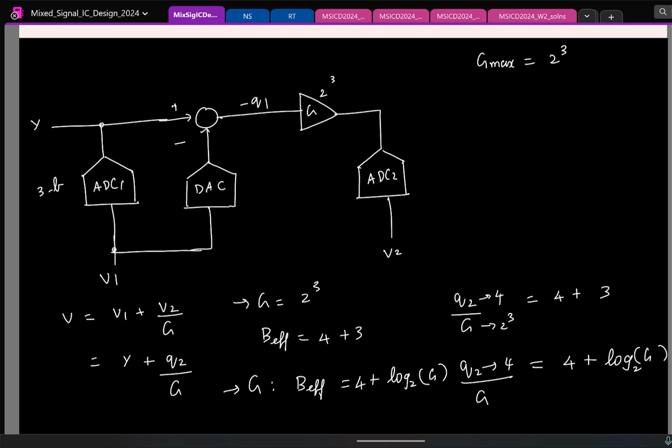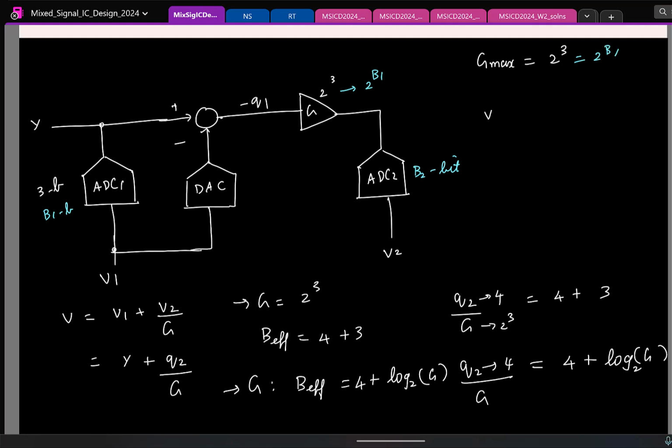Now I can basically generalize it. I can have, let us say, a B1 bit first ADC, B2 bit second ADC. In that case, what is the maximum gain I can have? If the first ADC is B1 bits, what is the maximum gain I can have? This basically. Okay.